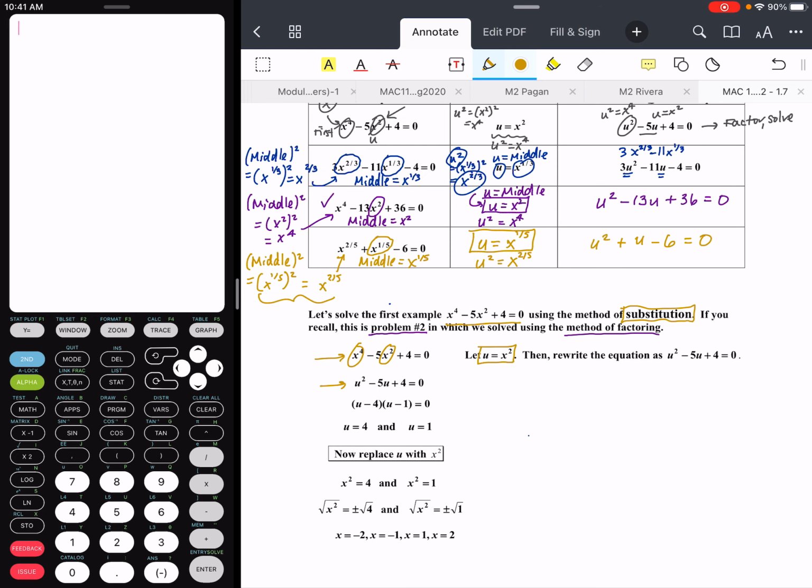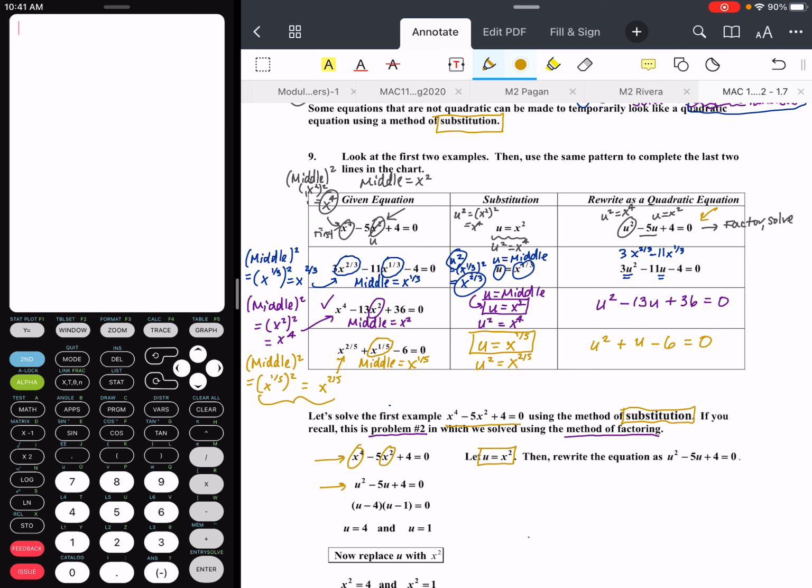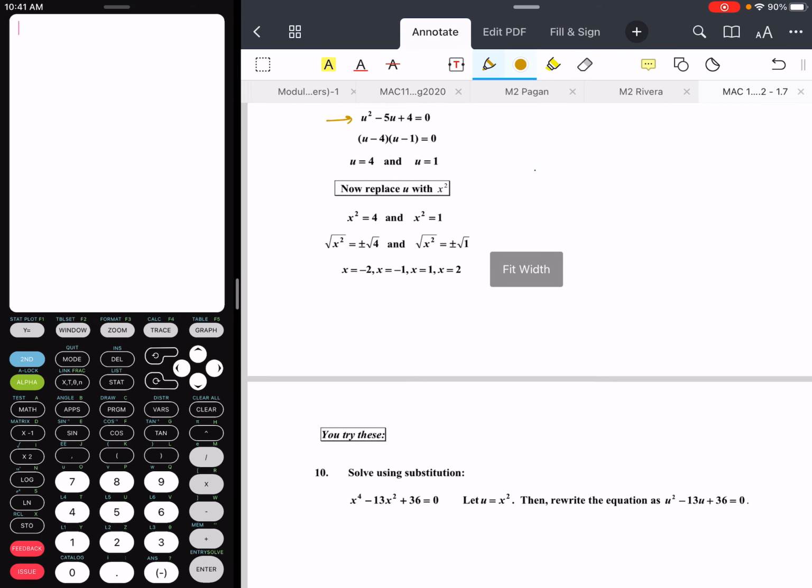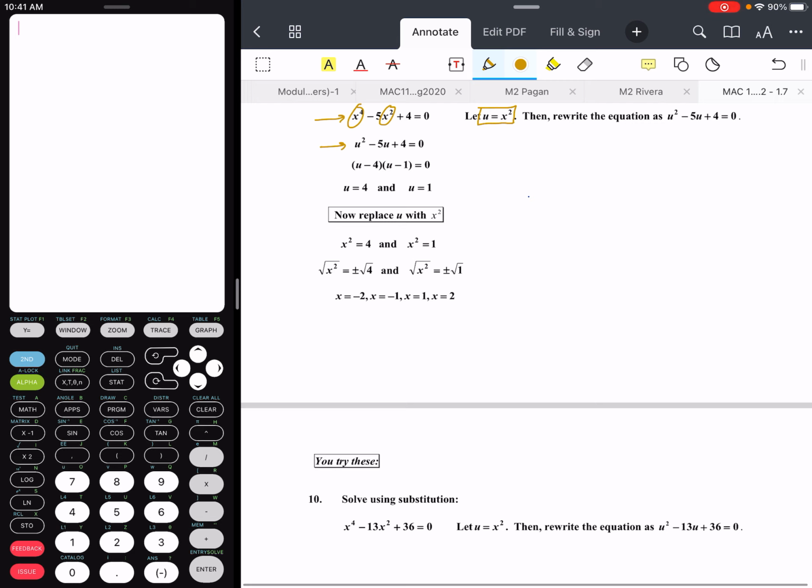So that's where we left off in the table. Okay, so after this, my next step is to factor the expression on the left-hand side. Factoring that trinomial, I get u minus 4 times u minus 1 equals 0. I set each factor equal to 0, solve and get u equals 4 and u equals 1.